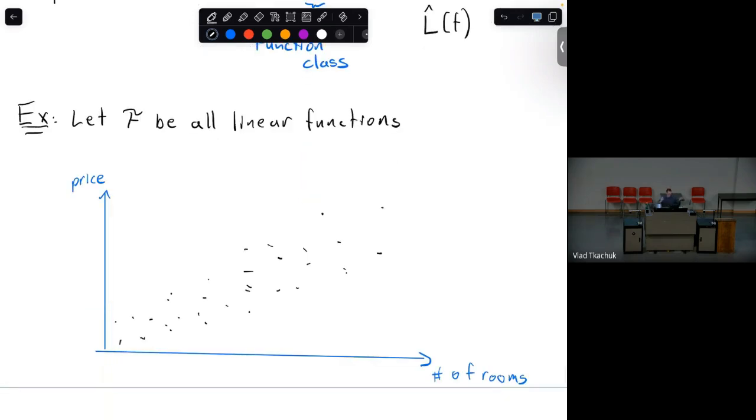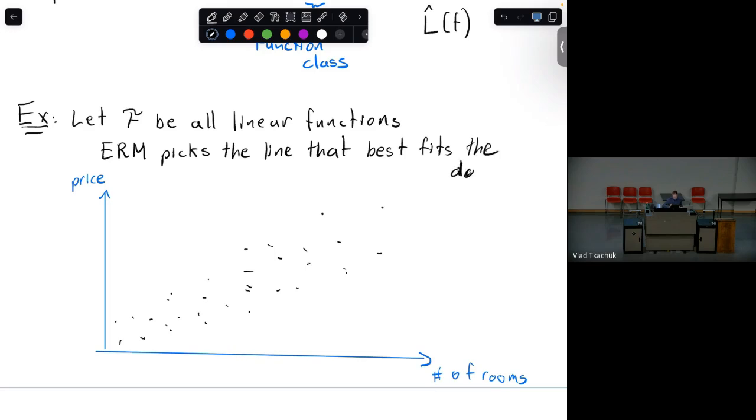And then what does ERM do? Well, roughly speaking, ERM picks the line that best fits the data. Okay, so that would mean something like, I want to try all the different lines, which means it's going to maybe consider this line.